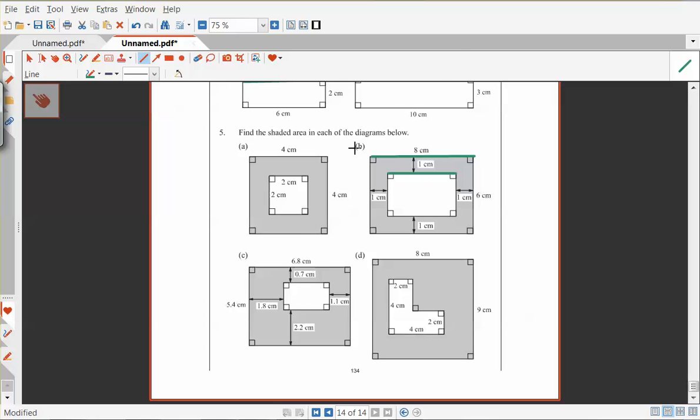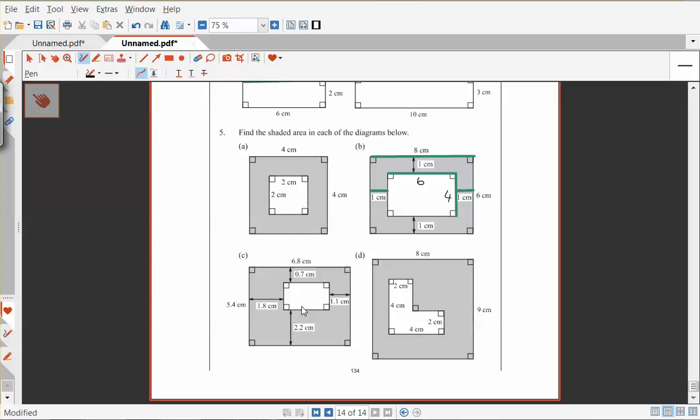It says 1 centimetre from the inside box. And that's another 1, but you have to subtract those 2. So the whole thing is 8, we've got 1 and 1, so therefore what's left here must be 6. And we've got the same thing with this one down here, isn't it? So it's 6, but that's 1 and 1, so it must be 4.